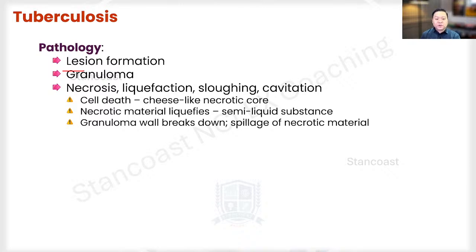The granuloma wall will weaken and break down, and then the liquefied necrotic material will spill into the surrounding tissue or the airways. When that happens, it will create a cavity or a hole. When that liquefied material drains outside, it can leave a hollow or cavity inside the lung tissue.